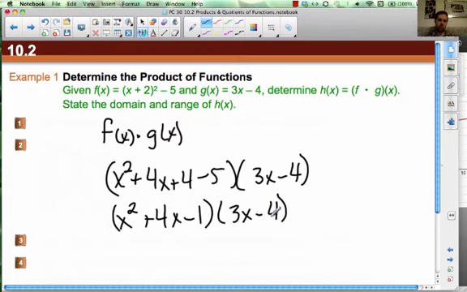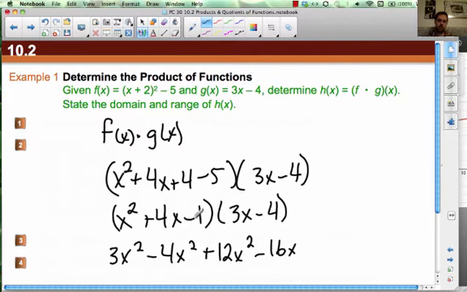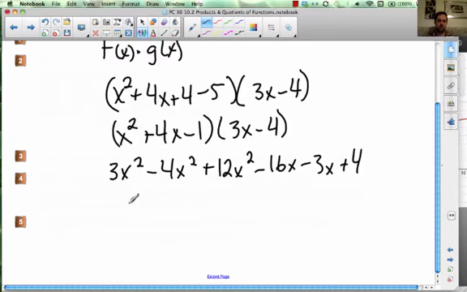Multiply it by this thing, so we just distribute every term into every other term in the brackets here, and we get 3x cubed minus 4x squared plus 12x squared, so that's that times that, minus 16x minus 3x plus 4.